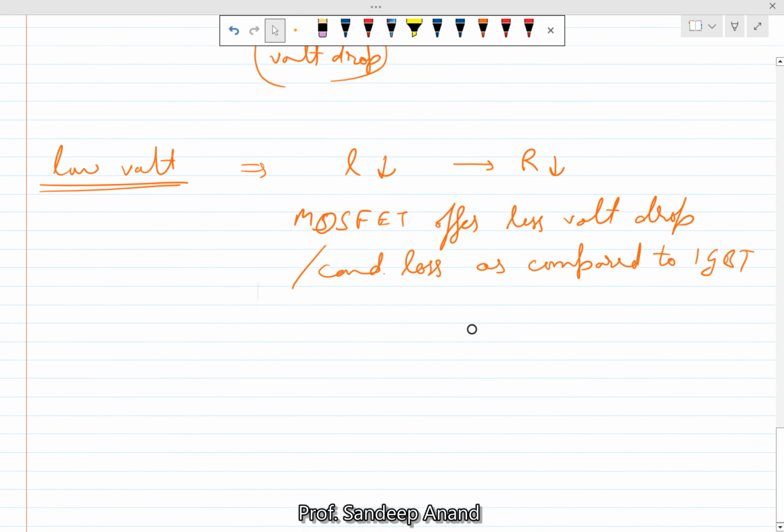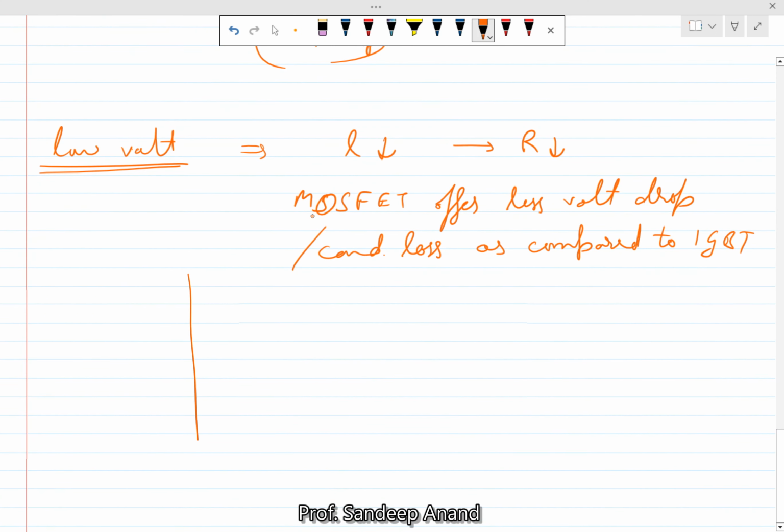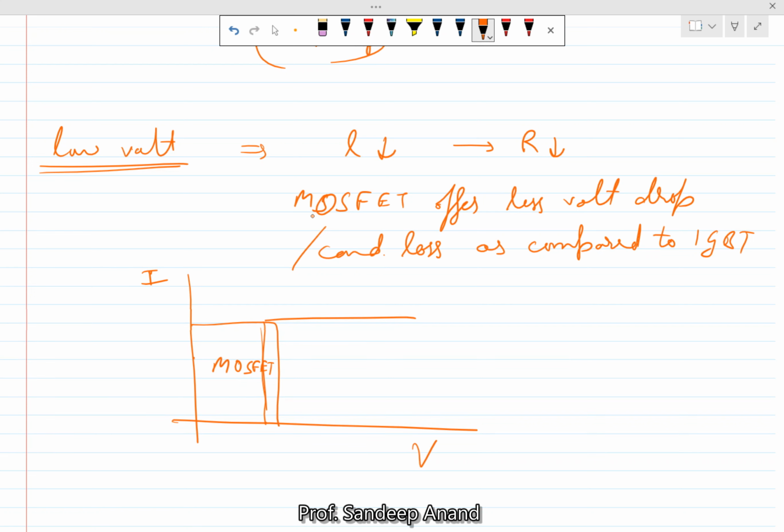Right? And that is the reason whenever we talk about, let's say this axis is current, this axis is voltage, when we talk about the low voltage region, we usually prefer MOSFETs. And whenever we talk about higher voltage regions, we prefer IGBTs.